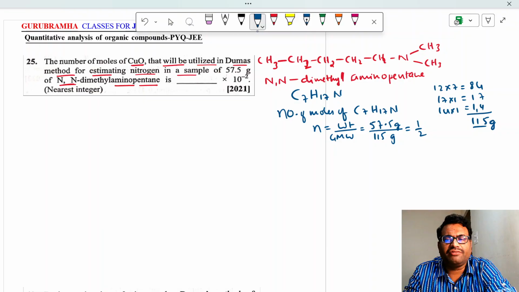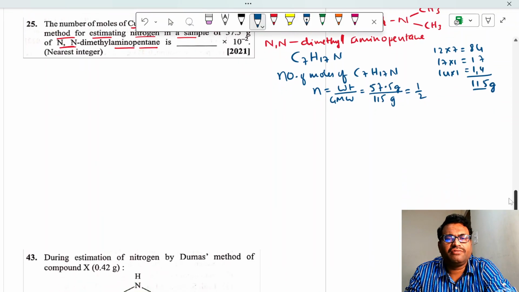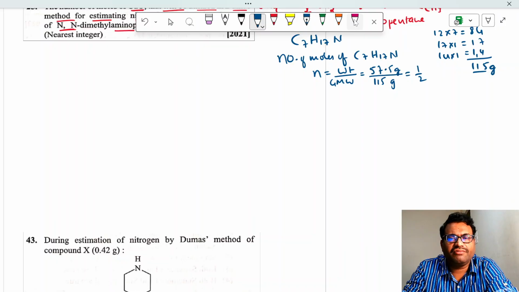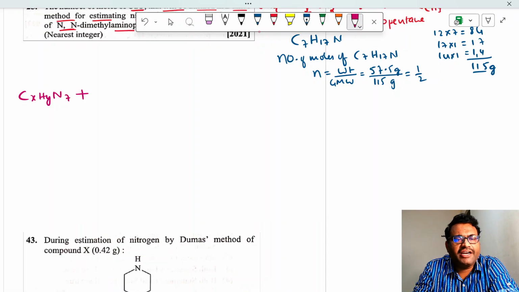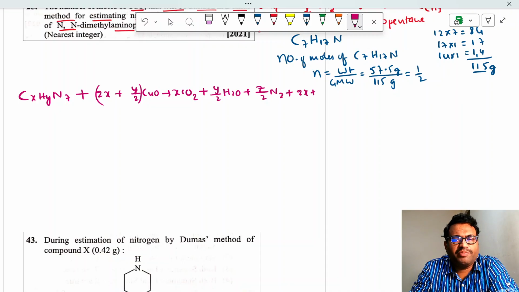So from the equation, before we have seen one equation. What is that equation? CxHyNz reacting with (2x plus y by 2) CuO gives xCO2 plus y by 2 H2O plus z by 2 N2 plus (2x plus y by 2) Cu.